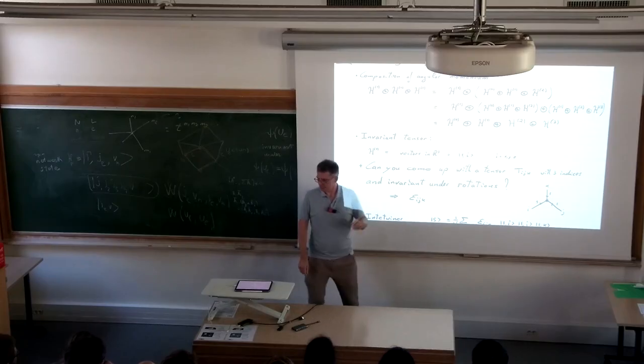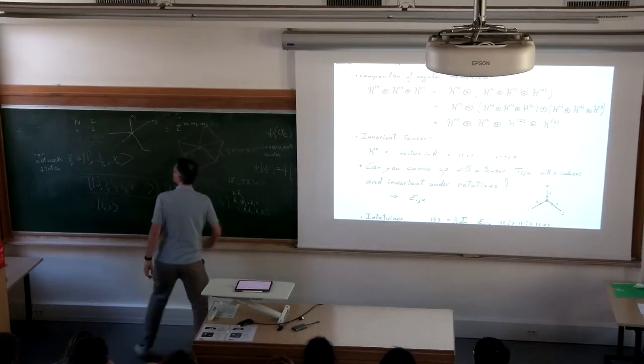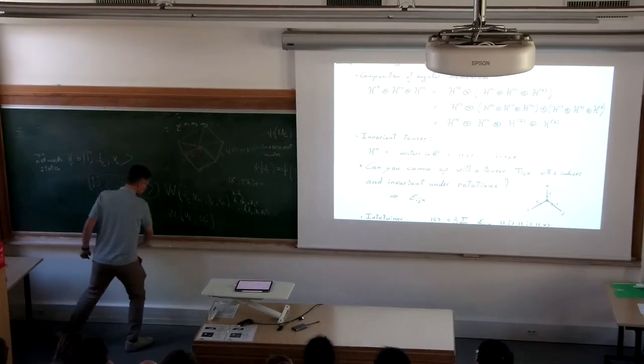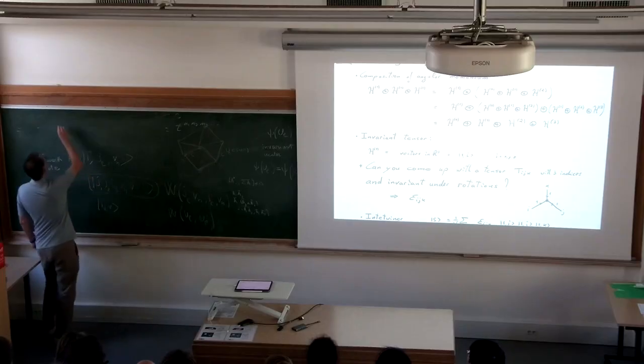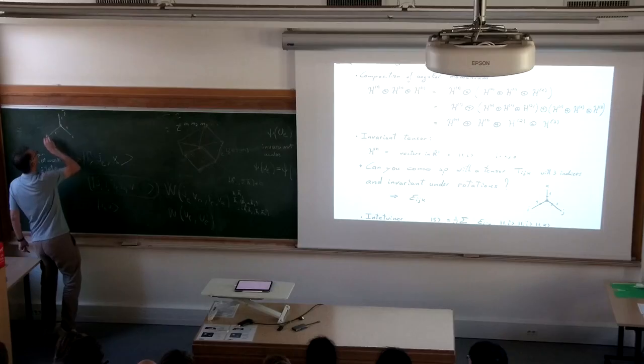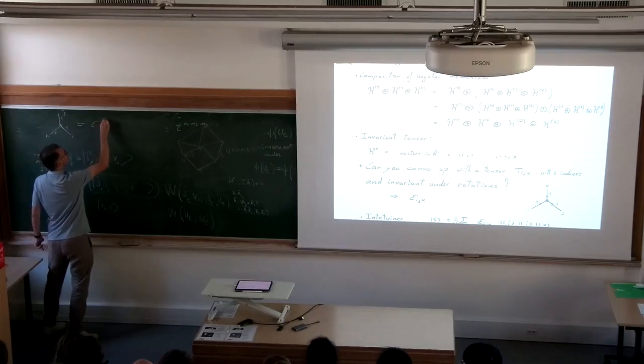Okay? Let's do another example. Can you think of something that has the right properties and is of the form, so I did this. It was 1, 1, 1, i, j, k, and I'm saying this is proportional, let's write equal, epsilon ijk.